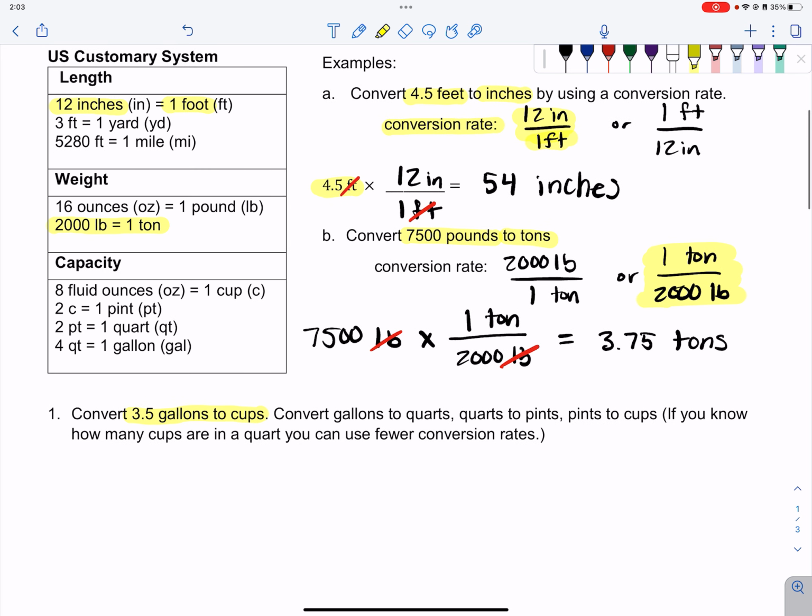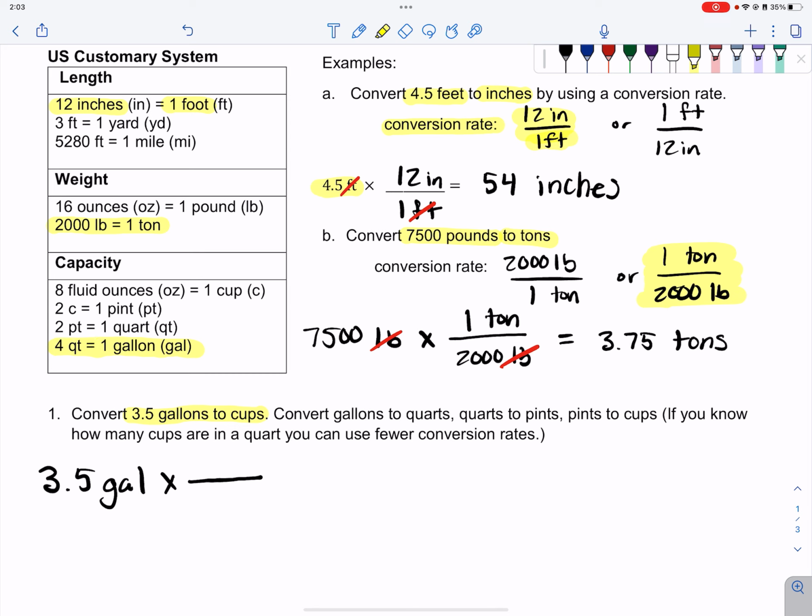So what I'm going to do is start off with writing my 3.5 gallons over on the left. And now I want to multiply this by a conversion rate. And my first step is going to convert the gallons into quarts.